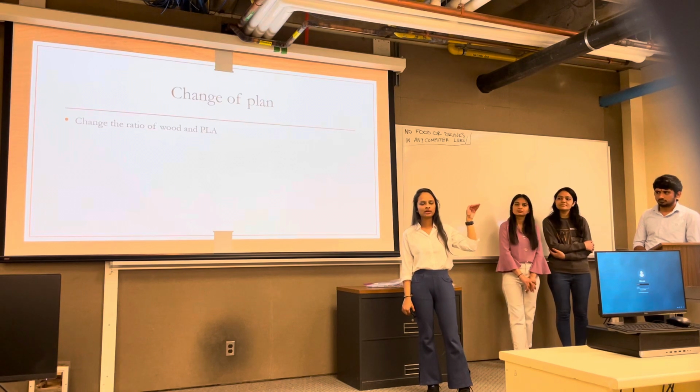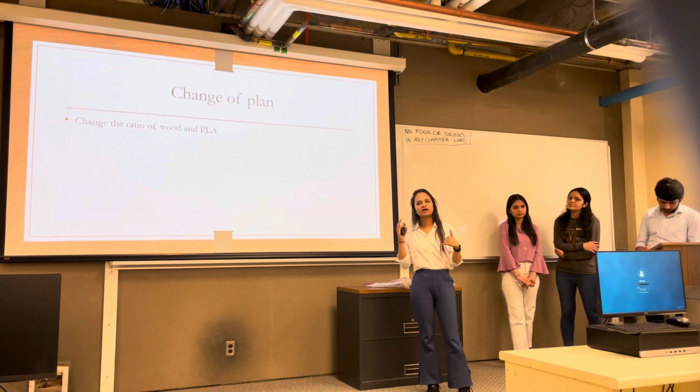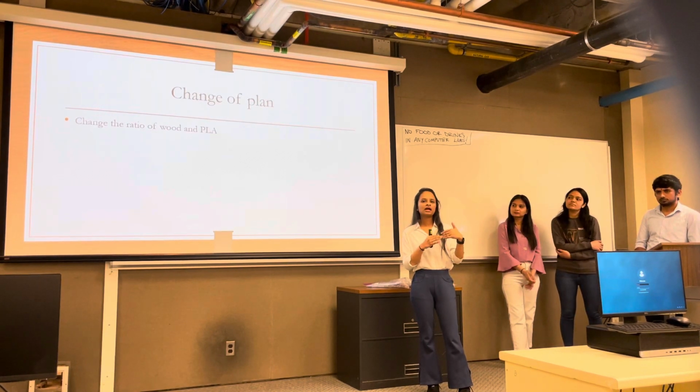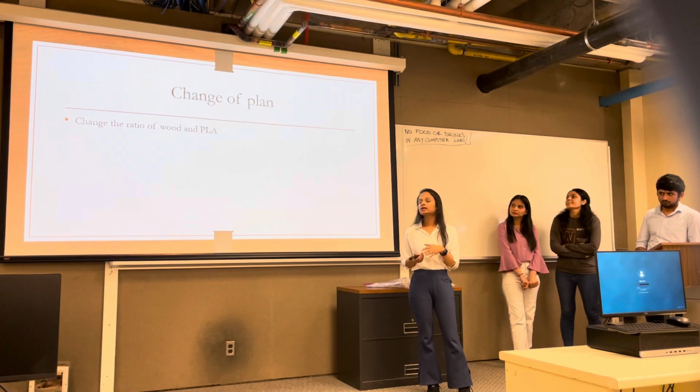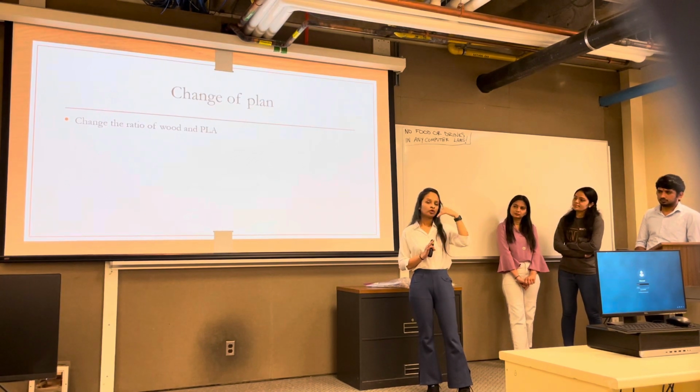So what we changed in the plan: our whole plan was different. Earlier we planned to change the ratio, 50 to 70%: 50 PLA 50 wood, 60 PLA 40 wood, and 70 PLA 30 wood. But we don't have an extruder, so we had to send it to a research lab, and we were only allowed one ratio with 3 types of wood.